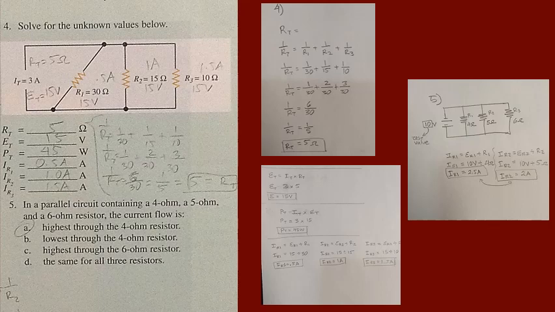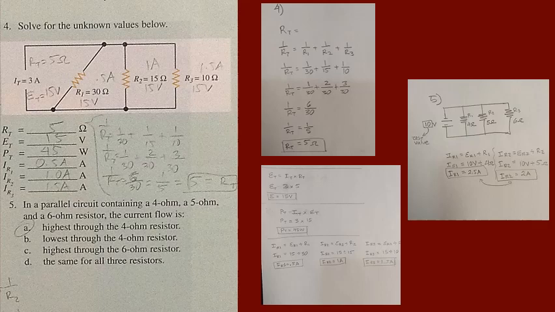R1 is 4 ohms, R2 is 5 ohms, R3 is 6 ohms. We have a 10 volt source voltage. We did not know the voltage at the source, but we put in 10 just to test out our theory that the highest current goes through the lowest value resistance.